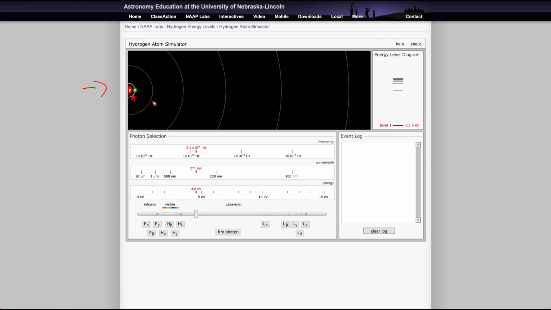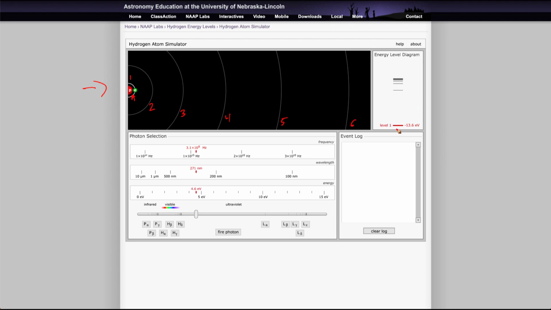And there are various other energy levels: the second energy level, the third, the fourth, the fifth, and the sixth. And the electron can be present in any one of these energy levels. It will always want to be in the ground state or level 1, but it can move up into the others if properly excited.